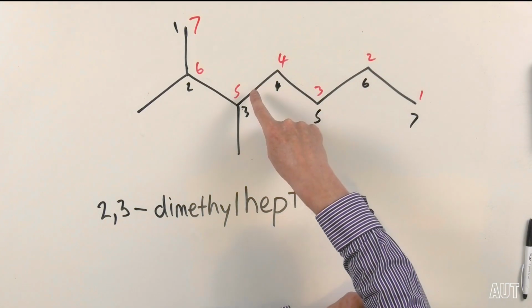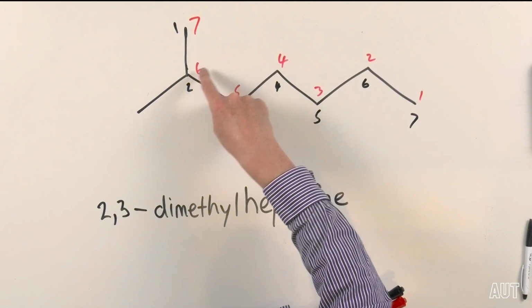In the red numbering, we have one at 5 and one at 6. Same thing. So regardless of which of the longest chains you use, you still get the same answer, 2,3-dimethylheptane.